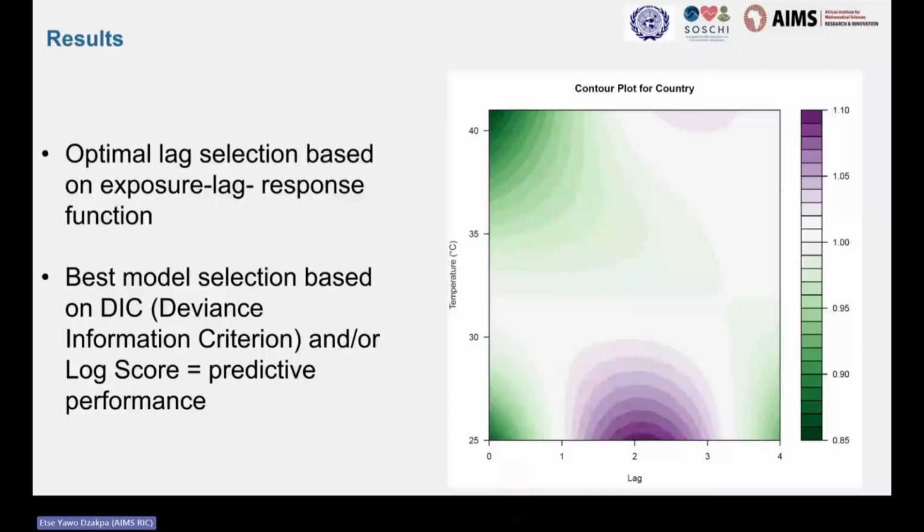This means that if we have a temperature event or a rainfall event today, it might take at least 8 weeks before we have a disease outbreak. Why is this? Because, for example, if rainfall creates a mosquito breeding site, the larvae will be there, and then the larvae will need a certain period to develop.